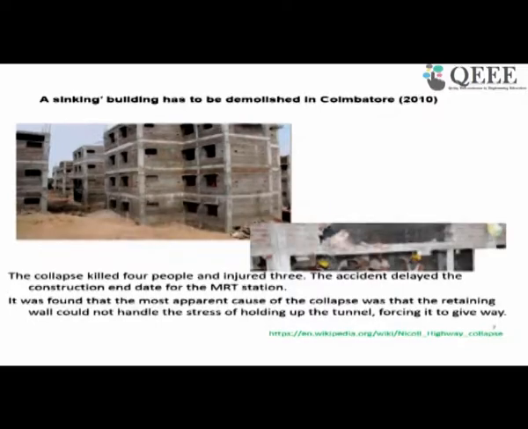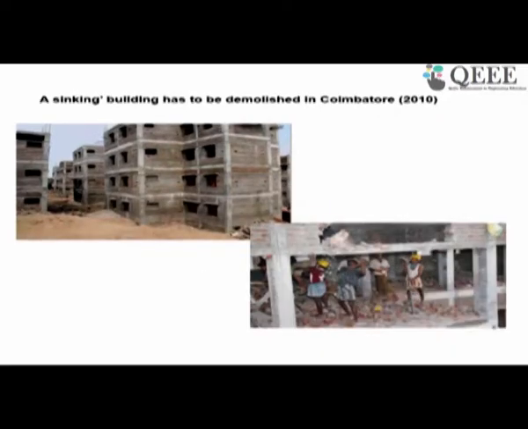Now, not only worldwide, in India also you might have come across some of the recent disasters. You might have heard about a sinking building in Coimbatore which was under construction. In 2010, one building in Coimbatore was sinking while under construction, and the picture below shows workers actually trying to demolish the structure because it is sinking.